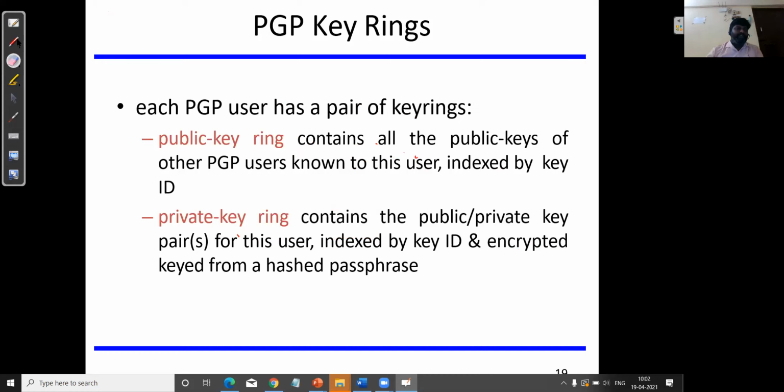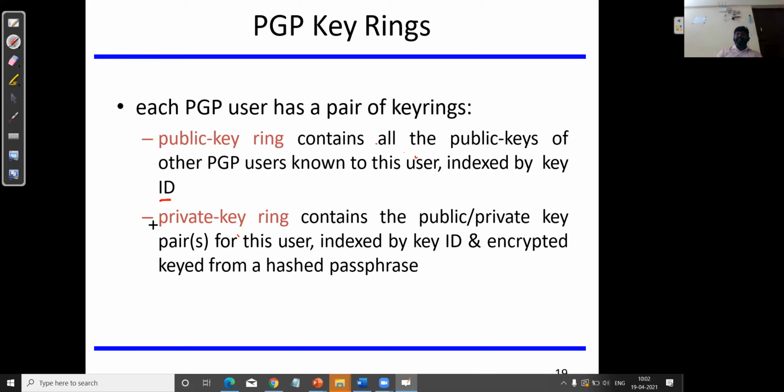I was talking about the key rings. A key ring is a repository where the user maintains a list of keys. Each PGP user has a pair of key rings. The public key ring contains all the public keys of the other PGP users known to this user, indexed by the key ID.